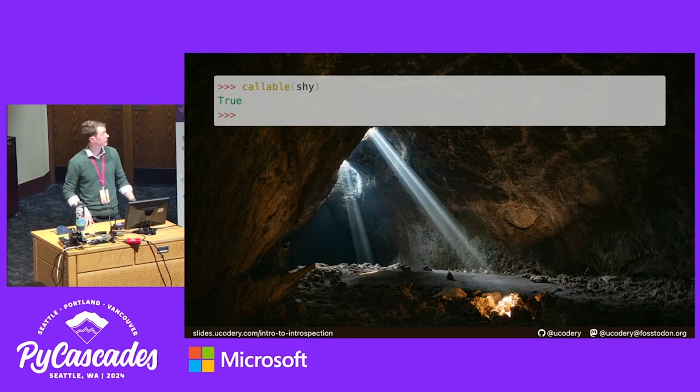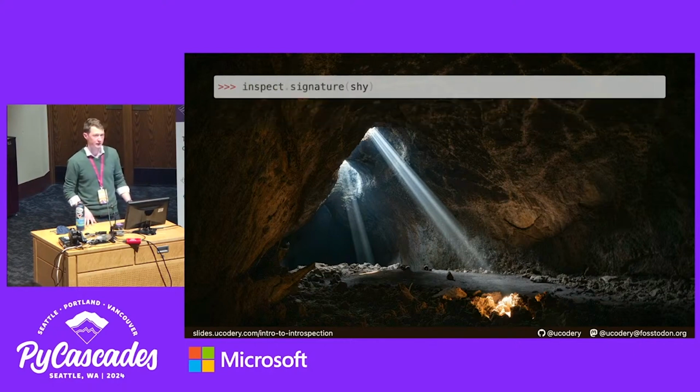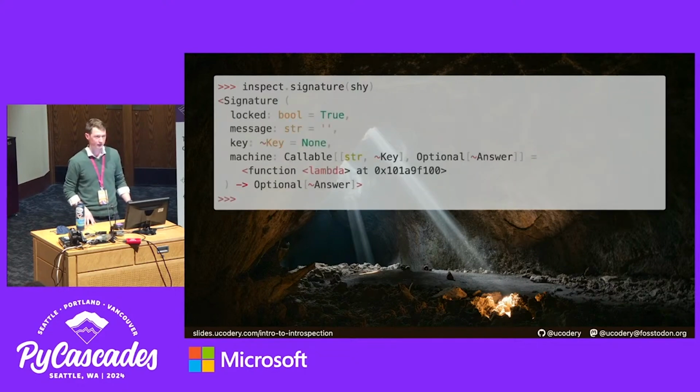The last place we got stumped when we just had our built-ins was shy is a callable, but we didn't know what to do with it. Inspect has this function, which I think is inspect's real superpower, signature. You give it anything that's callable, which we confirmed by using the built-in callable, and it gives you back a signature class that has lots of ways to really dissect callables at runtime and get precise information.